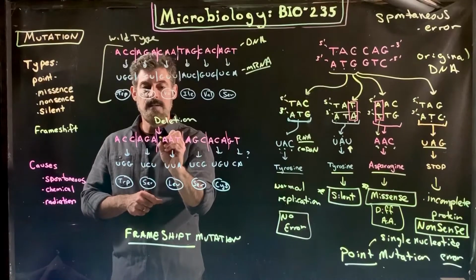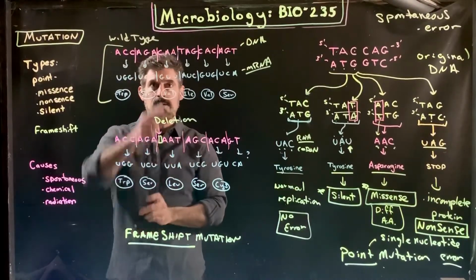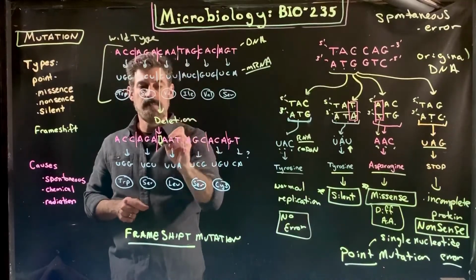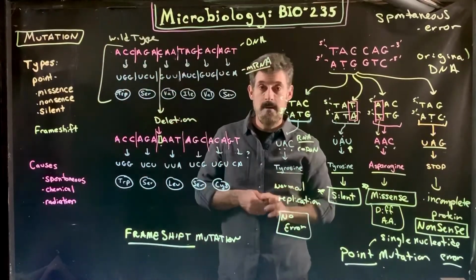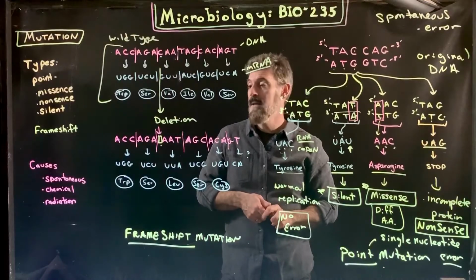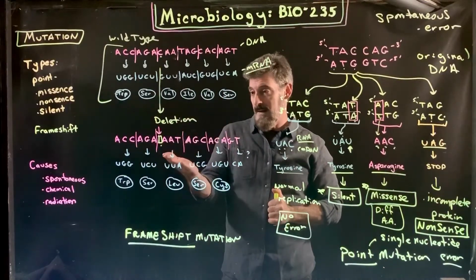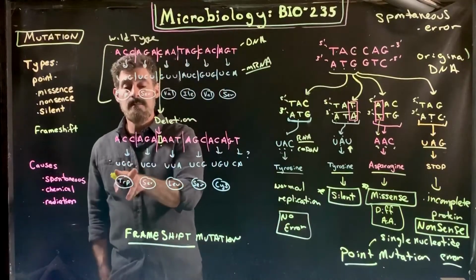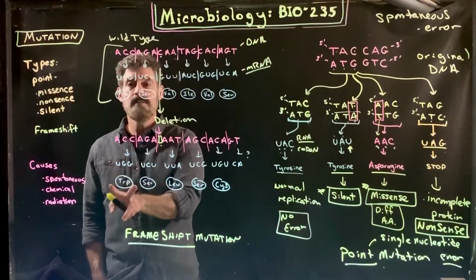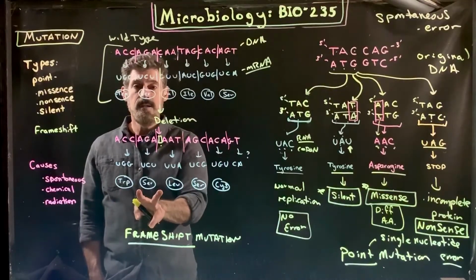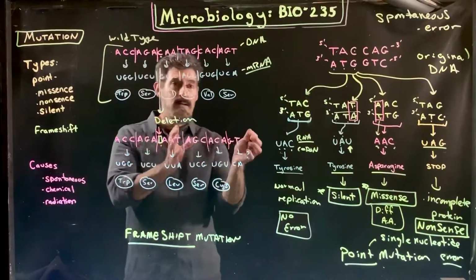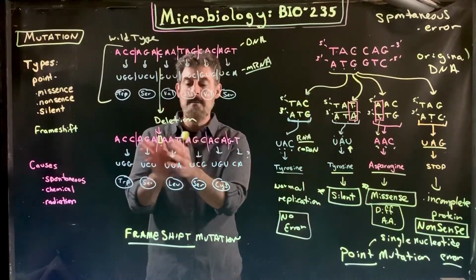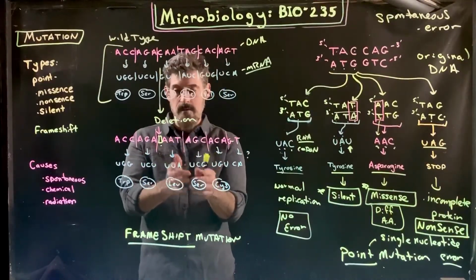So right here, this one is missing. It should have been a C, but the C wasn't copied over for some reason. There could be a number of reasons why that would happen, but it's not copied into the messenger RNA. So now what occurs is that the first two codons are still the same, tryptophan, serine, but now when the ribosome is reading, it's still going to read 3 nucleotides at a time, but it's shifting what it reads.